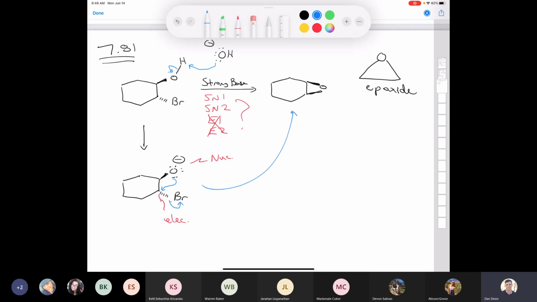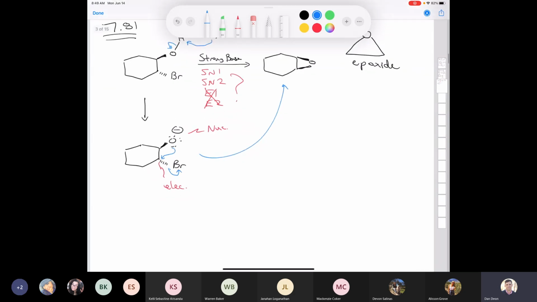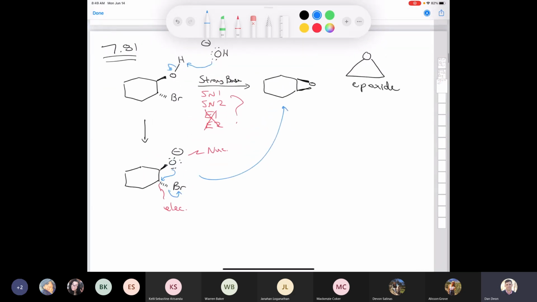Now, I didn't look at the solution to this. I usually don't look at those, but I just want to think about it for a second with you guys. I thought you might find this interesting. If we draw the chair of this molecule, if the hydroxyl is going up and axial, then the bromine must be going down and axial, right?